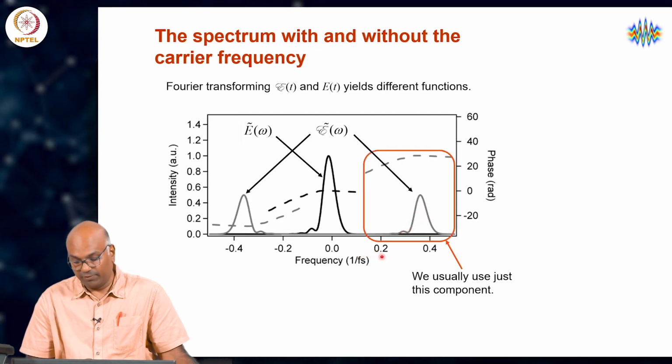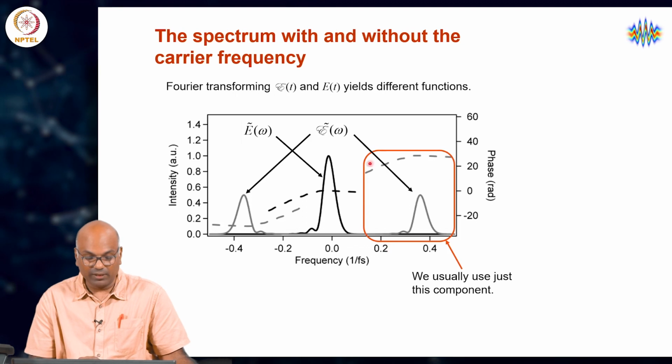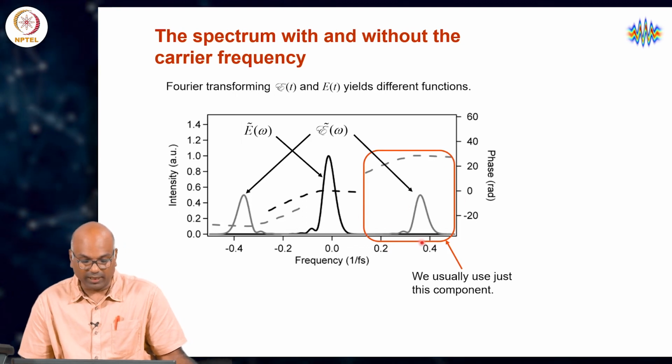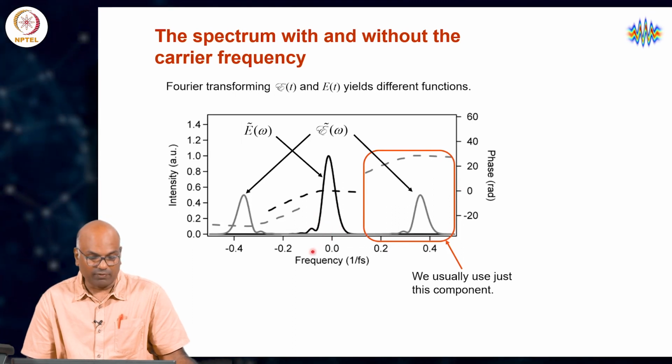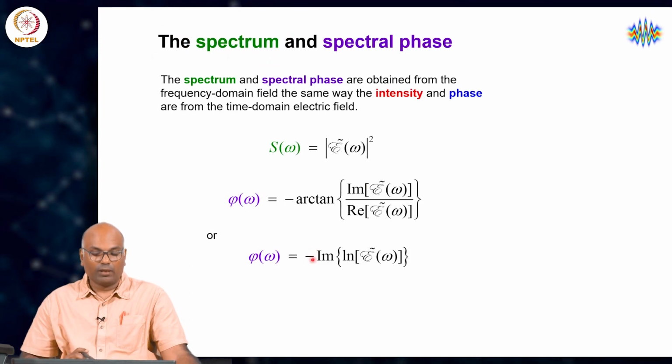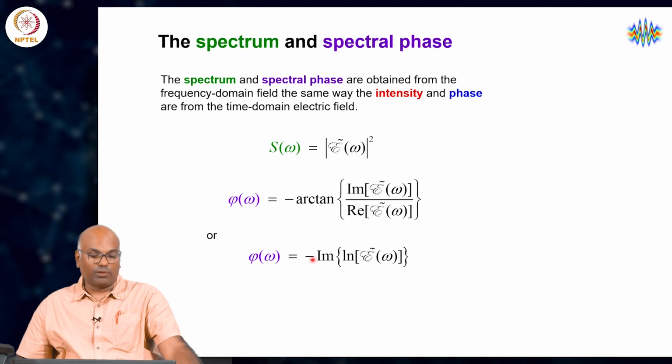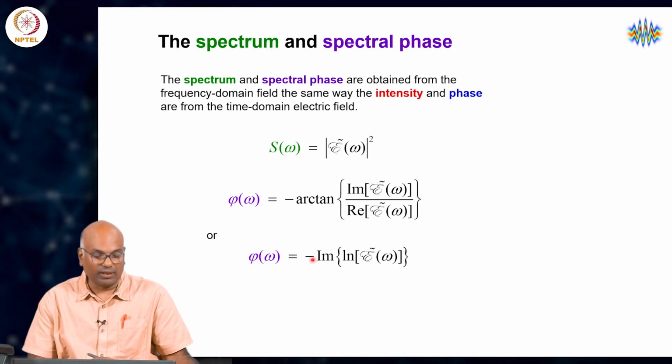Now, often we will use just one of these components, where also the carrier frequency is included, but we can also very well do it without the carrier frequency, and we would still not lose any information, since we just need to keep track of another additional number.